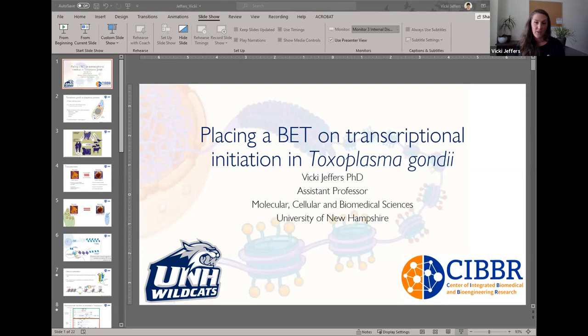It contains all of the eukaryotic organelles that we have in our own human cells. And as a pathogen, that presents us with quite a challenge for identifying unique targets for drug development and therapies to treat this infection.